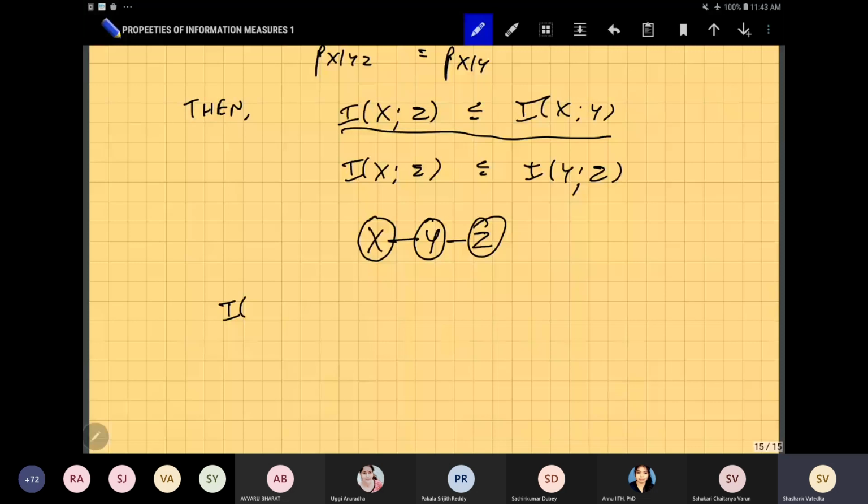In order to do this, we look at I(X; Y,Z), the mutual information between X and the pair Y, Z. Can you tell me how you can expand this using the chain rule of mutual information?